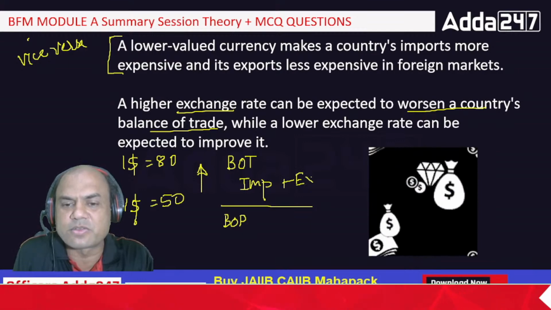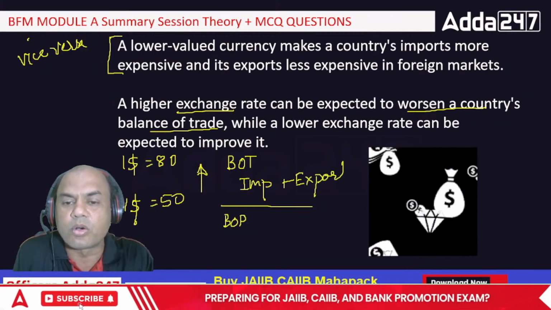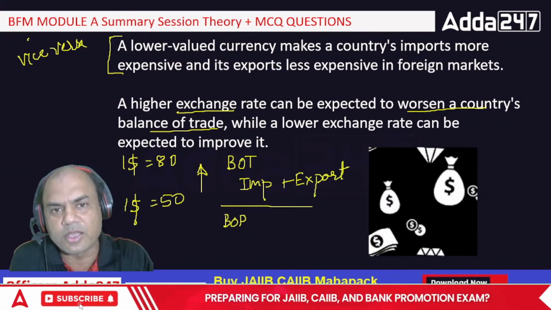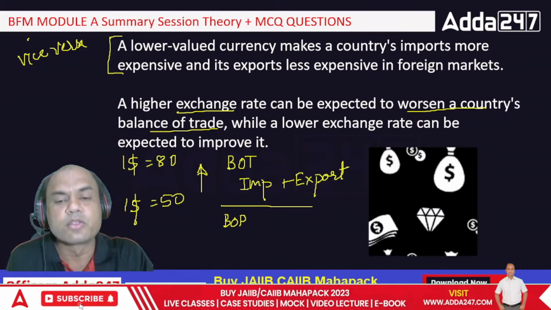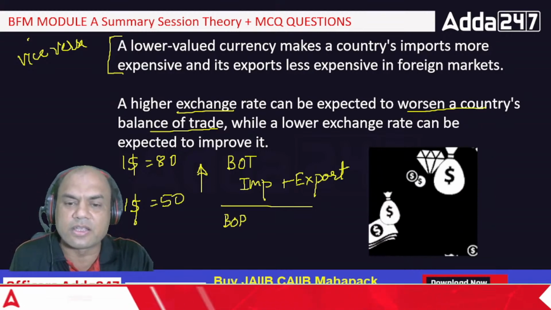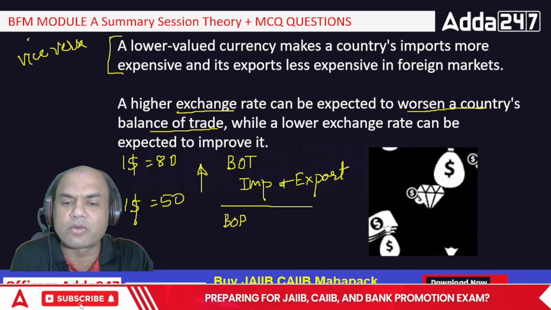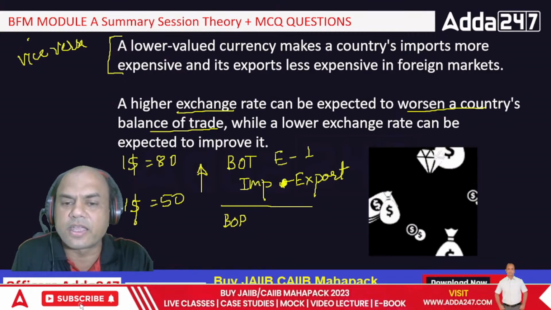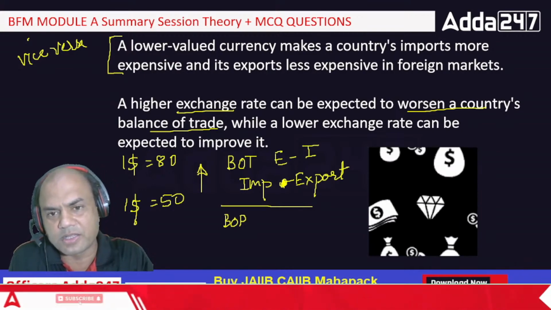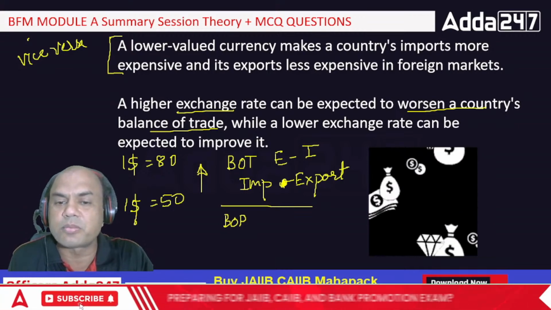Here, plus means it is actually the combination. If I make the export, I'll get the money. If I make the import, I lose the money. Simple. So the simple formula for BOT is E minus I, export minus import. This is the basic formula for your balance of trade.